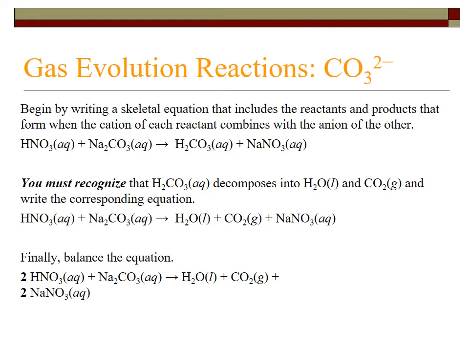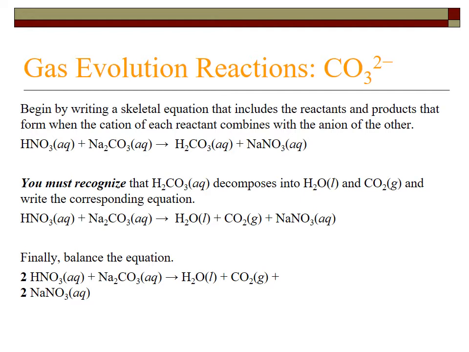If the H goes with the CO3, we get H2CO3. That intermediate product breaks down into H2O liquid and carbon dioxide gas. Where did we get that from? We got that from our table. And so we write the corresponding reaction as follows.